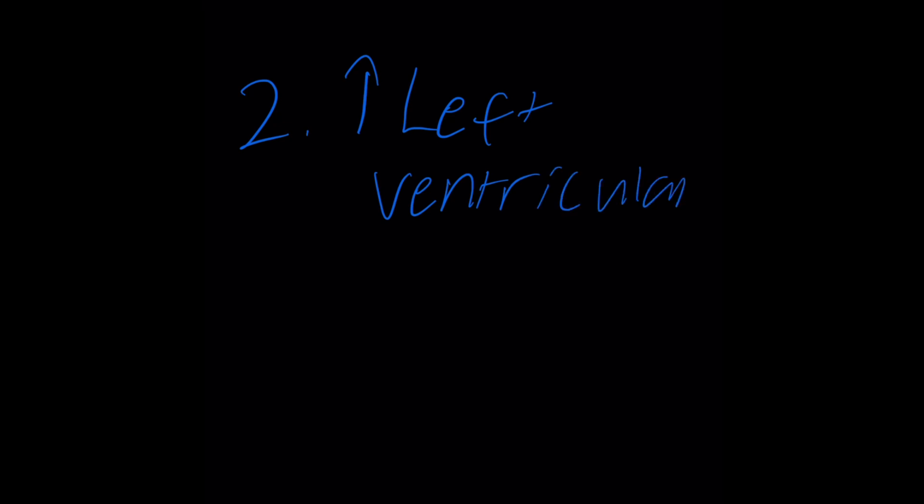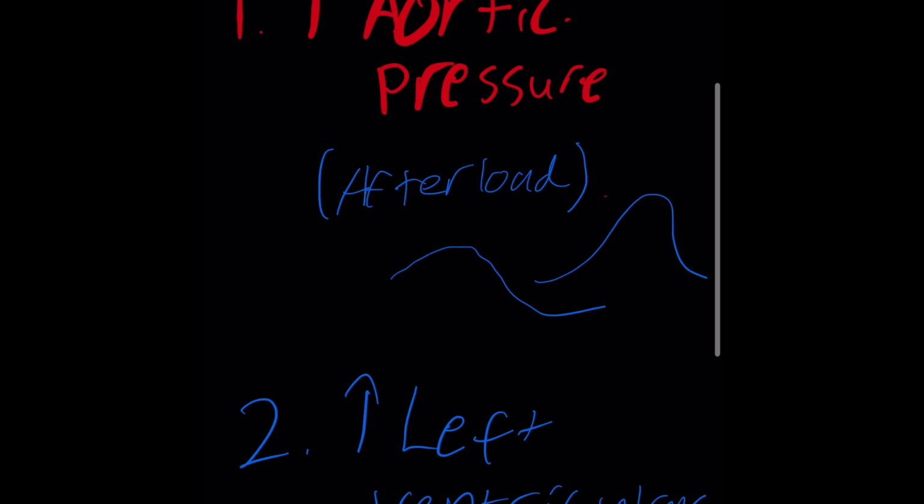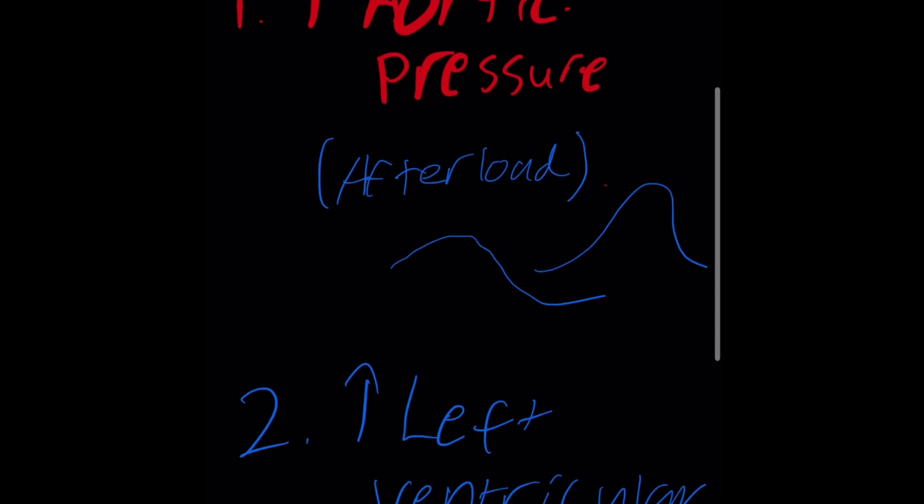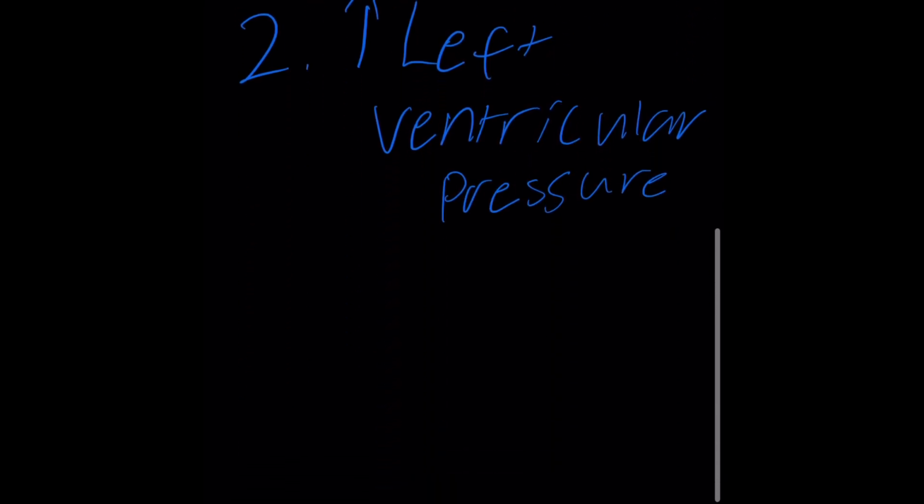So the next change that's going to occur, we're going to scroll down, and we are going to see an increase in left ventricular pressure. Basically for the same reason that the aortic pressure is going up, the left ventricular pressure is also going to have to go up. The heart's going to have to squeeze harder. Instead of the normal squeeze where there's no resistance, now there's that extra resistance.